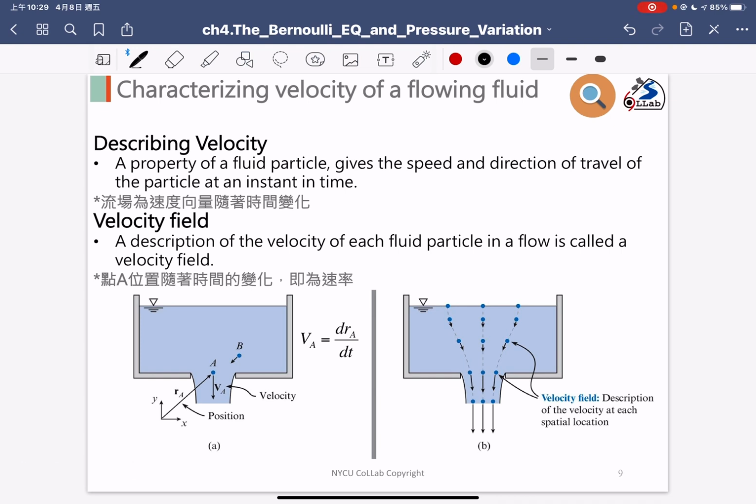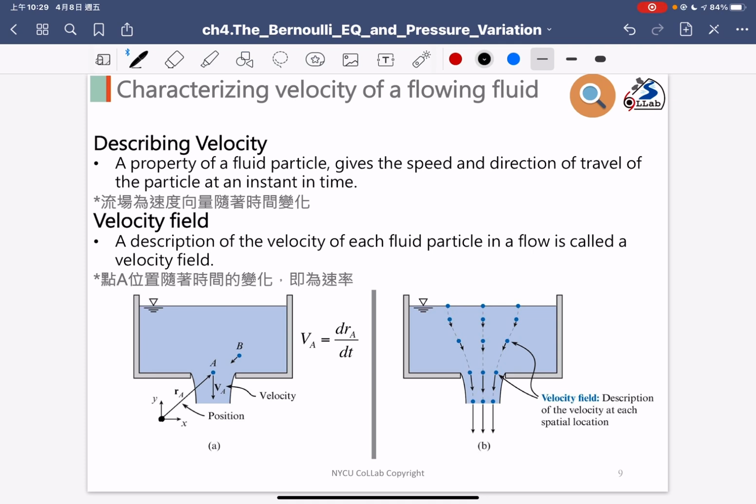So the first thing is that we try to describe the velocity field. How can we determine the velocity field? There is a cartoon figure showing here. First we define the reference point.